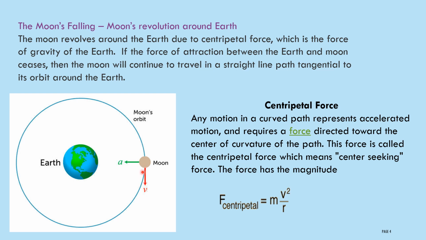Means it will move directly. When you have centripetal force, the moon revolves around the earth in a circular path. If there is no force, not even gravitational force, then the motion of the moon will be tangential to this circle, because it will move straight, not in a curved path.